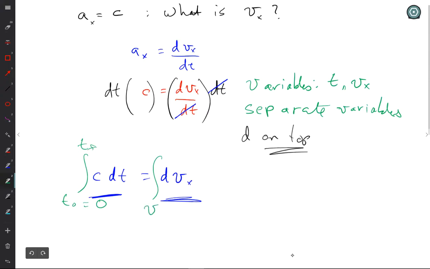And then my speed will be speed initial to speed final. So as long as my speed initial is the speed at time equals 0, and my speed final is the speed at time final, then this is still going to have to be true. And now I have two really easy integrals. What's the integral of c dt?